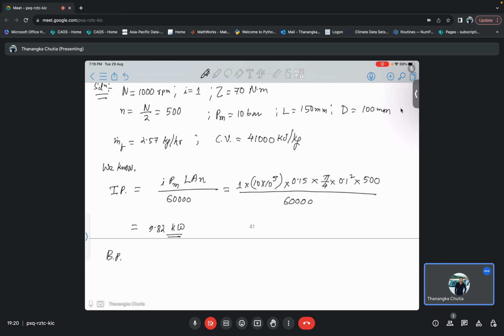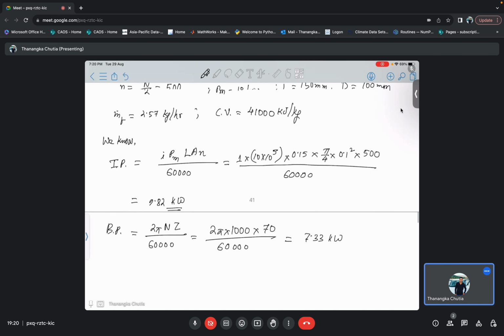Brake power in terms of kilowatt will be what? 2 pi N into tau divided by 60,000. Okay, 2 pi, what is your N? 1000 into tau, 70 newton into meter, divided by 60,000. So this you will get as 7.33 kilowatt.